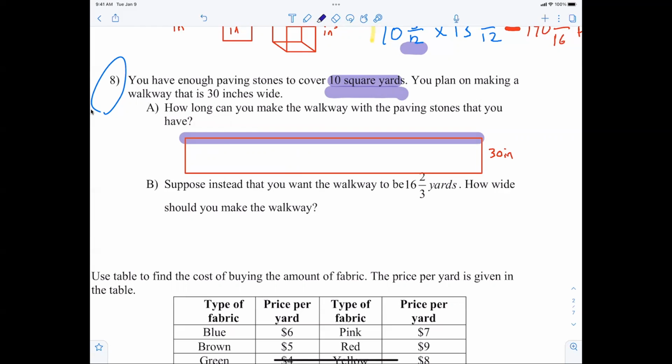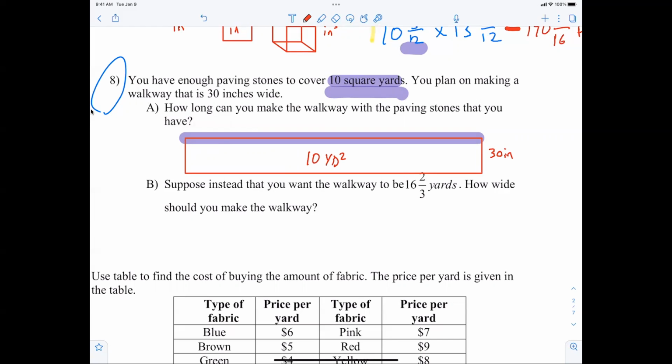So in here is 10 square yards. I really want to measure everything in yards. Is everybody with me on that? So now my question to you, 30 inches is how many yards? Is it more than 1 yard or less than 1 yard?